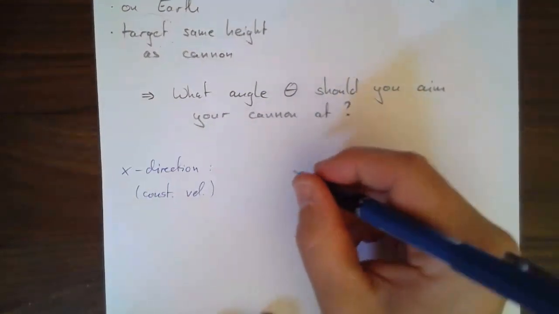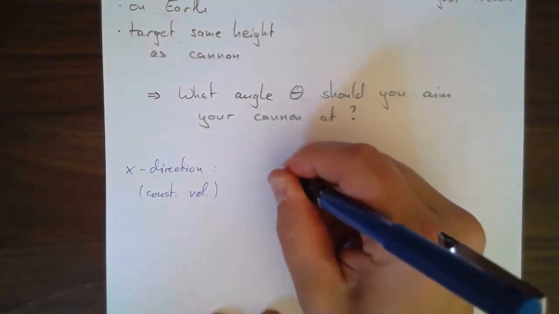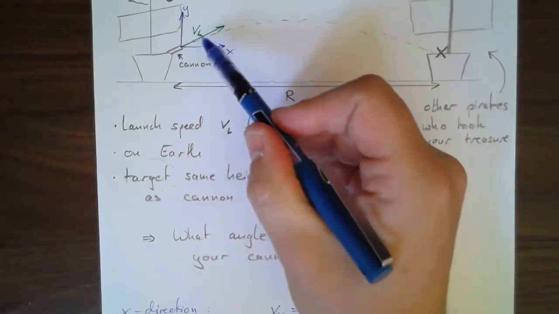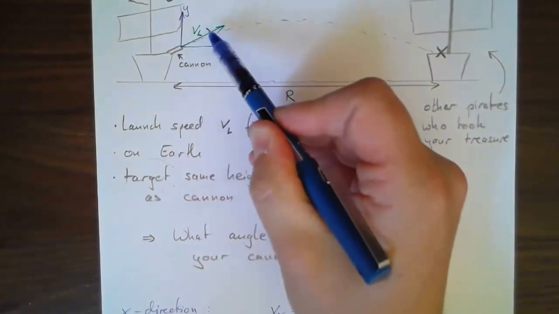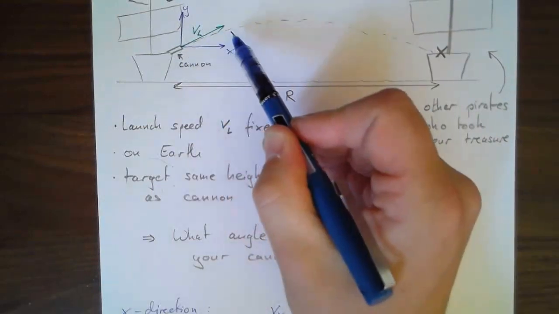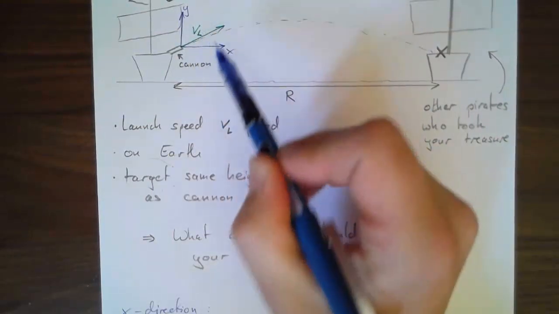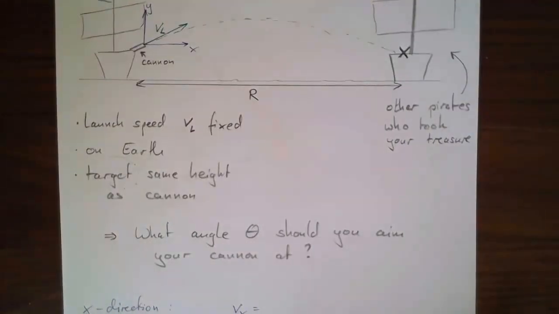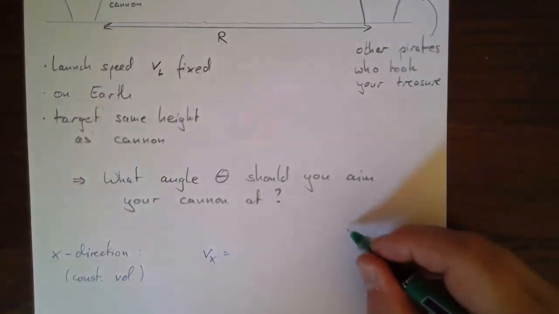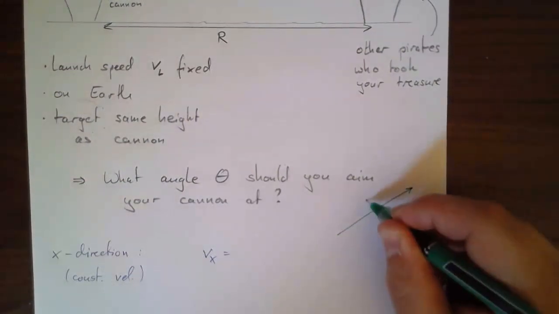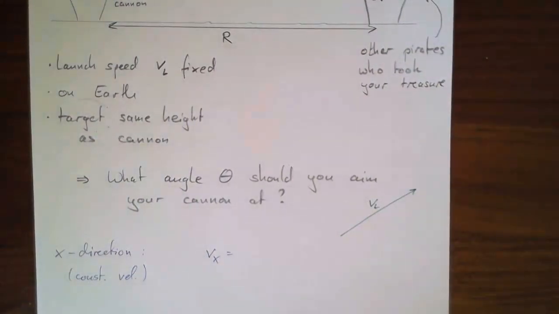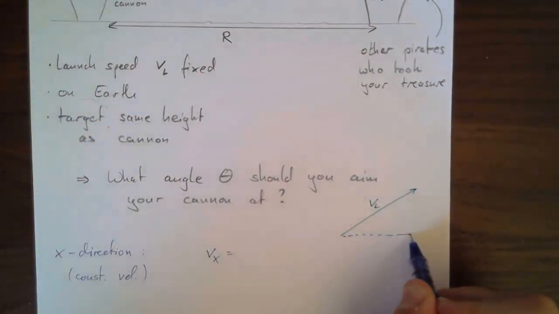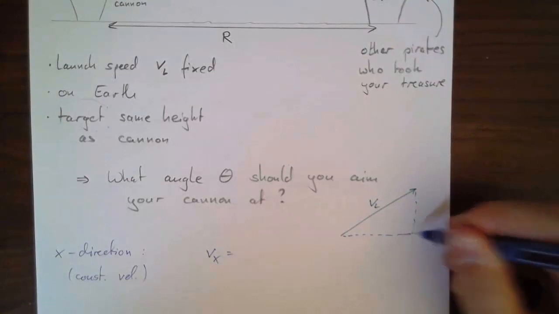So we are going to have that, what is the x velocity? Well, is it VL? No, because VL goes in at an angle. So I need to find a component of the launch velocity that is horizontal, and maybe I just draw this a little bit bigger and squeeze it over here. If this is VL, then there would be the horizontal and the vertical components.